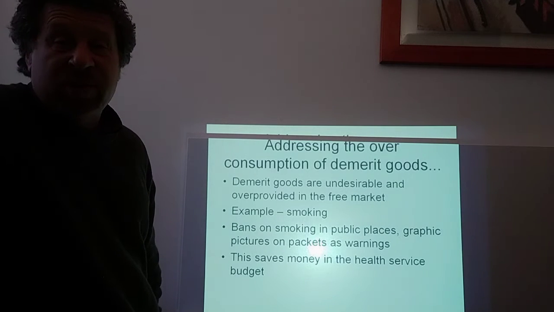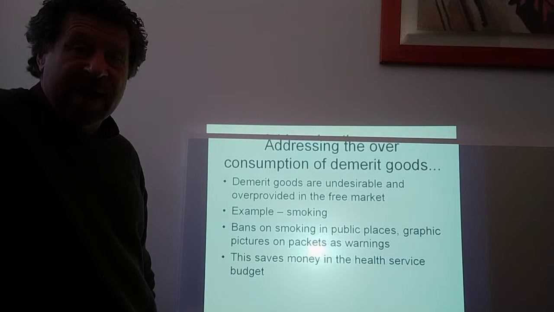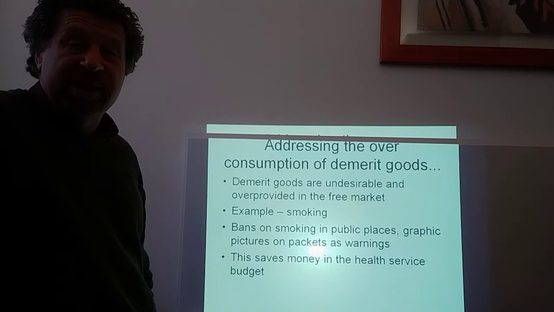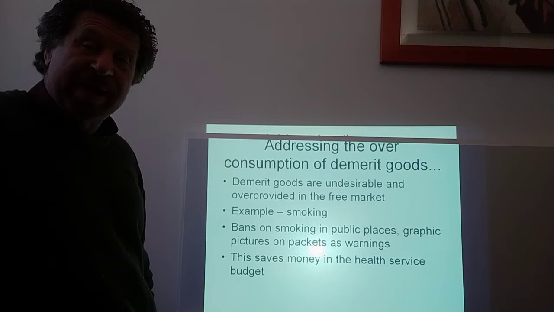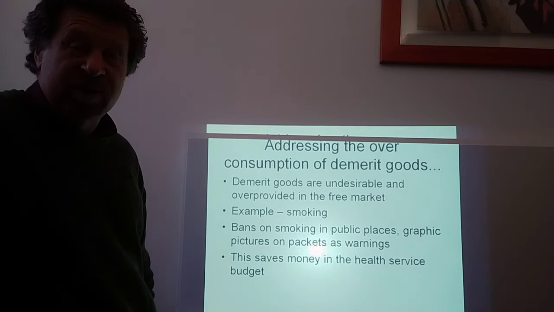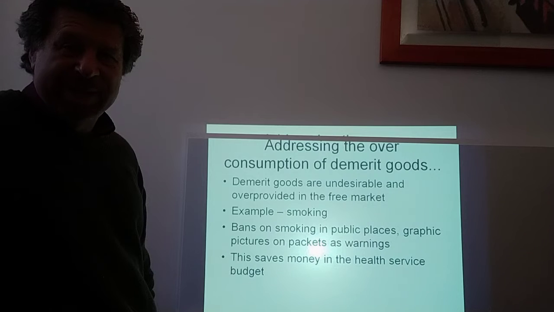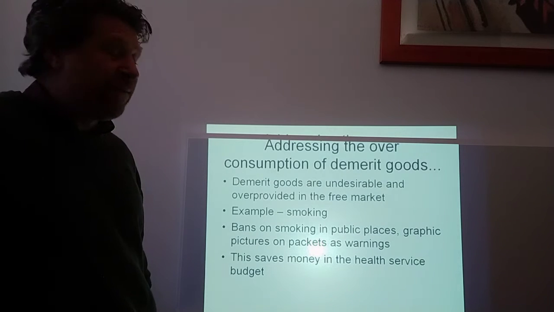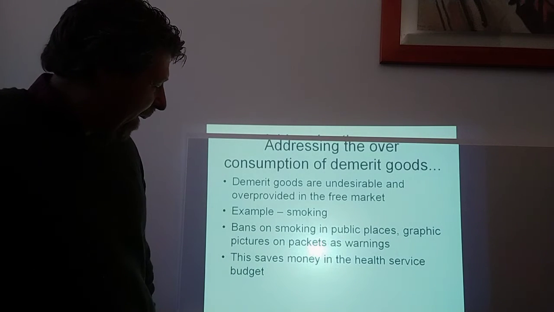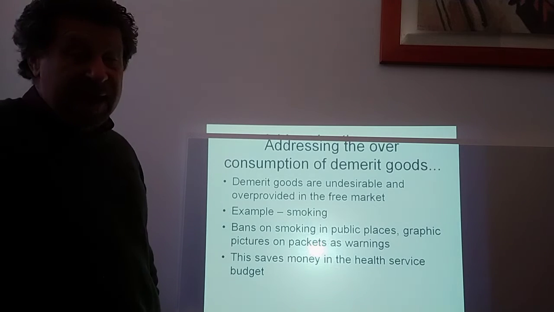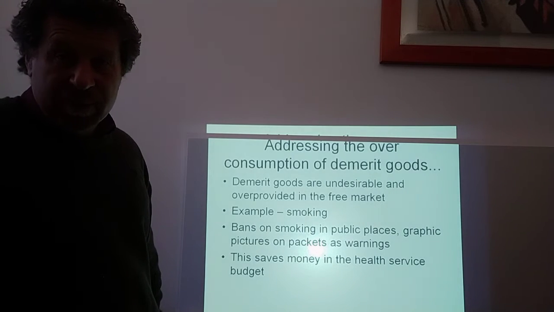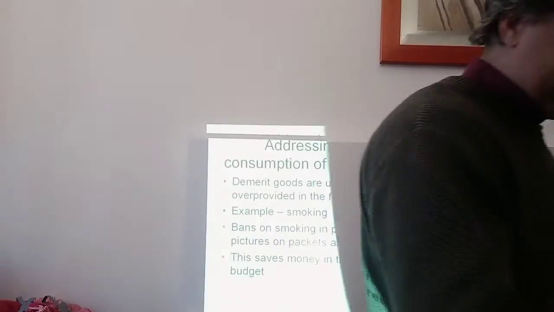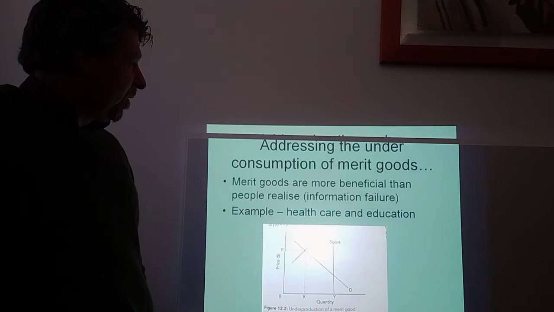So we do find this is a market failure because it overproduces, and the government need to intervene to prevent this from happening, and they often do, in the form of taxation or information, put warnings on packets, etc. And in the long term, this will save money on health.